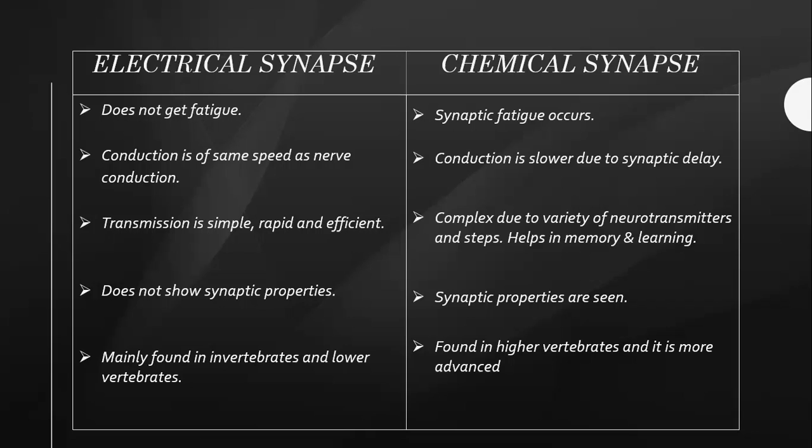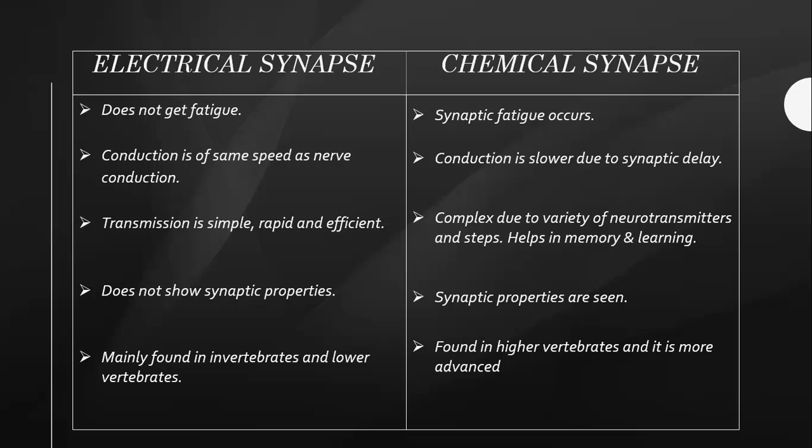These chemical synapses, which are generally found in our body, are more common because they can exhibit the synaptic properties, which are amplification and modification.